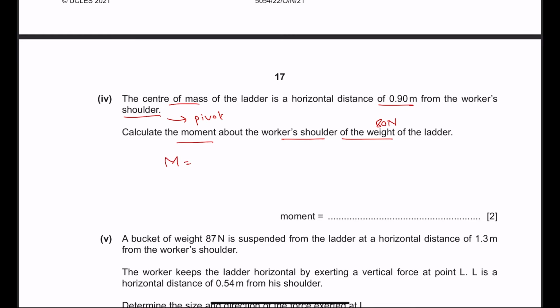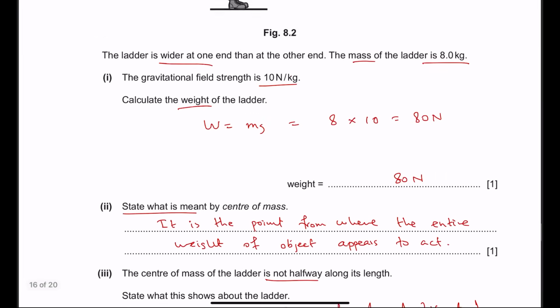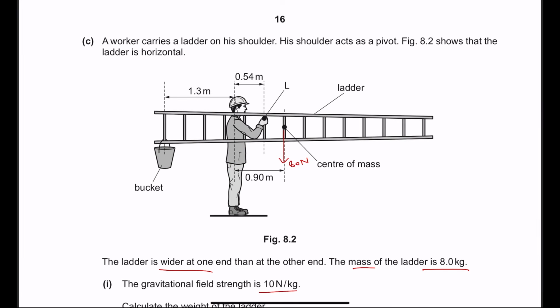Now moment is force into distance, right? The force in this case is 80 Newton, and if you go to the diagram, you can see that the shoulder is the pivot. This right here, the shoulder is the pivot. So the distance of the pivot from the center of mass of the ladder is 0.9, and this is the distance that we have to take.